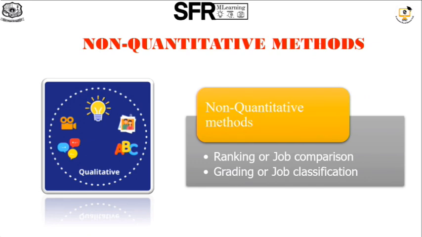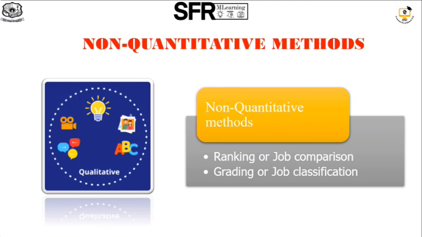Job classification or grading method. In this method, the procedure is as follows. Job classes or grades are established. A job grade is a group of different jobs of similar difficulty or requiring similar knowledge and skills to perform. Second step, each job grade is defined in the form of a written description.